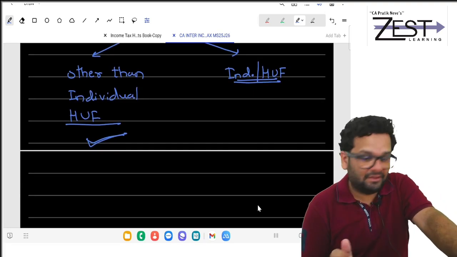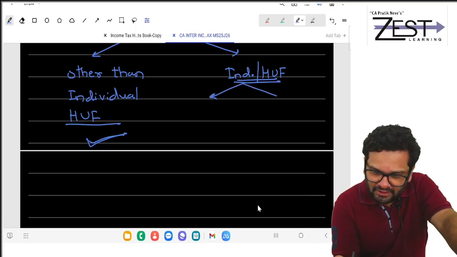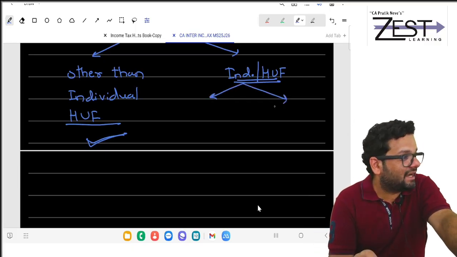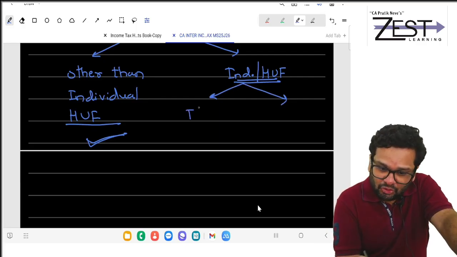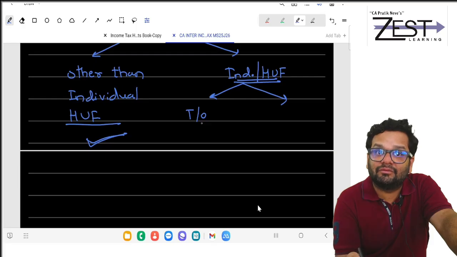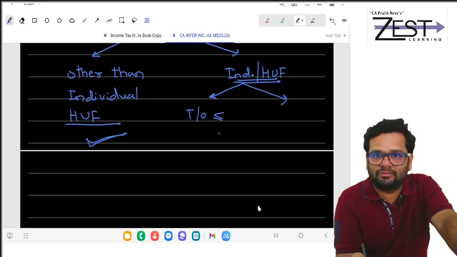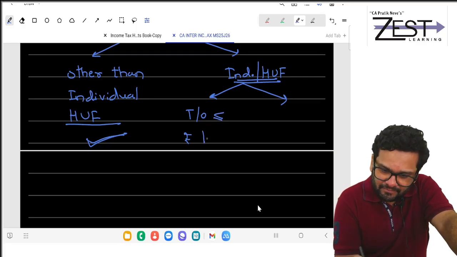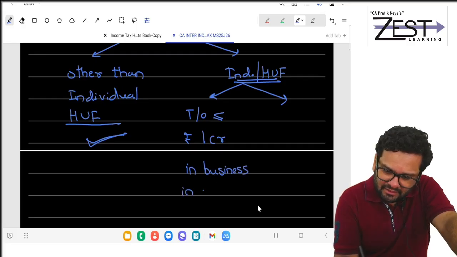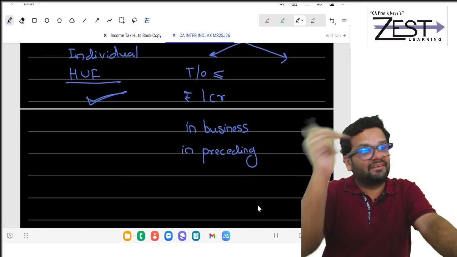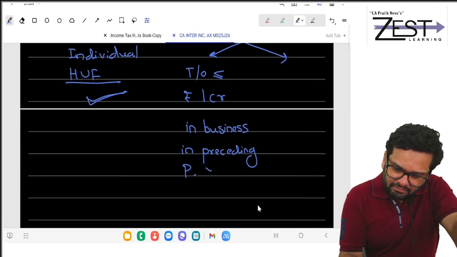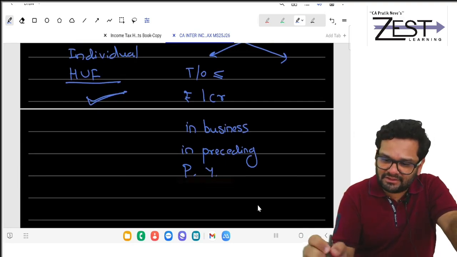It's not so direct. There are two possibilities in individual HUF. One possibility is that their turnover is less than or equal to rupees 1 CR in business, in the last PY, not this PY, friends.